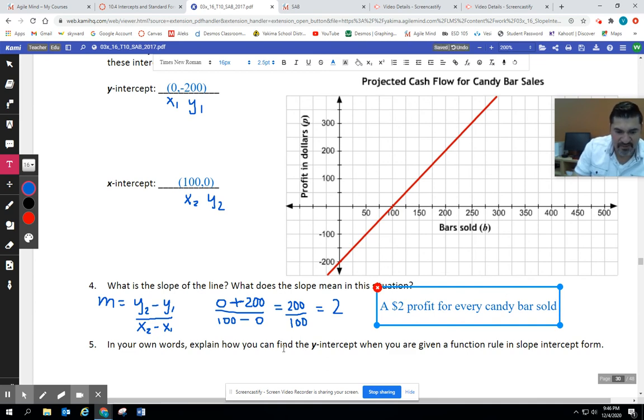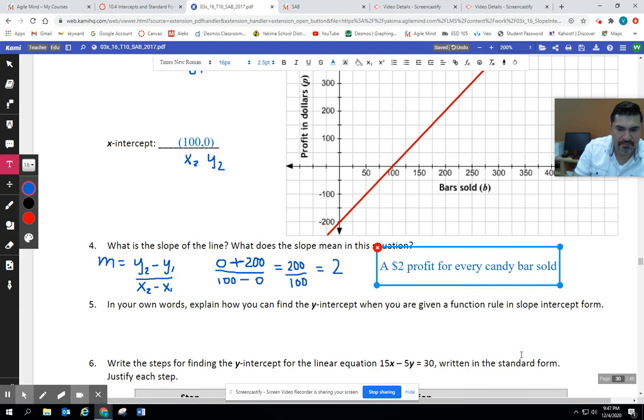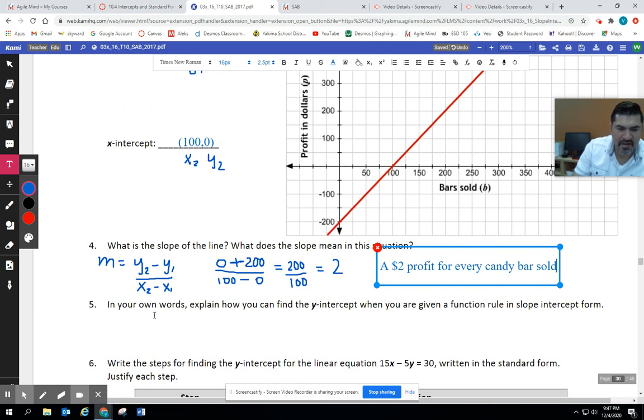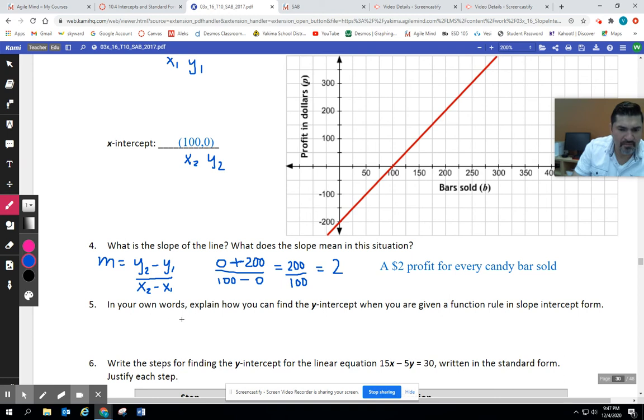Number 5, in your own words, explain how you can find the y-intercept when you are given a function rule in the slope-intercept form. And for this part here, so in our normal slope-intercept form, here's our equation.